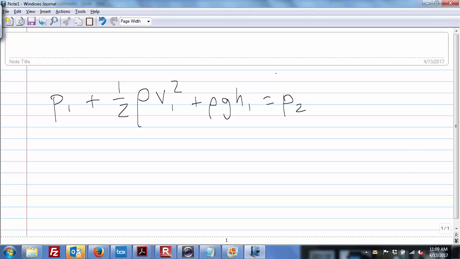And again, rho is R-H-O, that's the Greek letter rho, and it stands for density, as you may know, plus 1/2 rho V2 squared plus rho gh2. Got it? So the two sides look the same. So it's just in words, it's P1 plus 1/2 rho V1 squared plus rho gh1 equals everything that I just said. Just replace the ones with the twos.